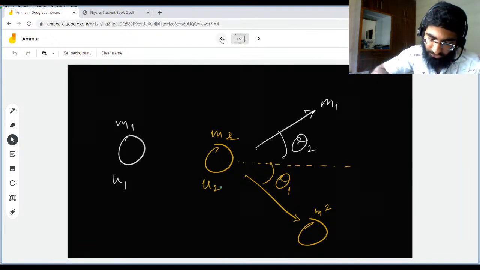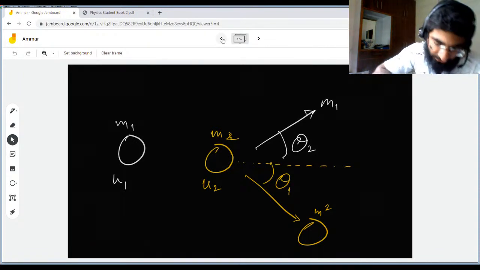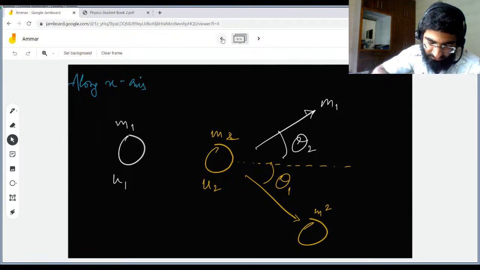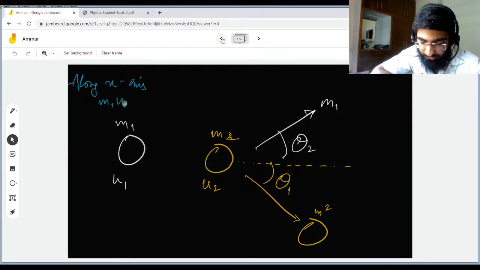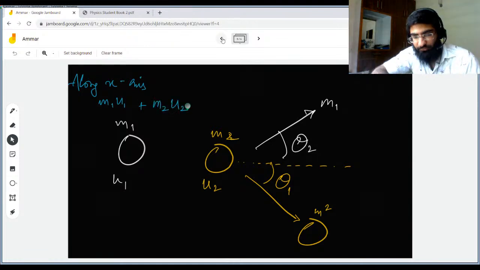Now I will have to do things separately, first along the x-axis, so I will apply this law of conservation of momentum along the x-axis. What is the momentum of the first body along the x-axis? m1 u1. What is the momentum of the second body along the x-axis before collision? m2 u2. Nothing new in it.